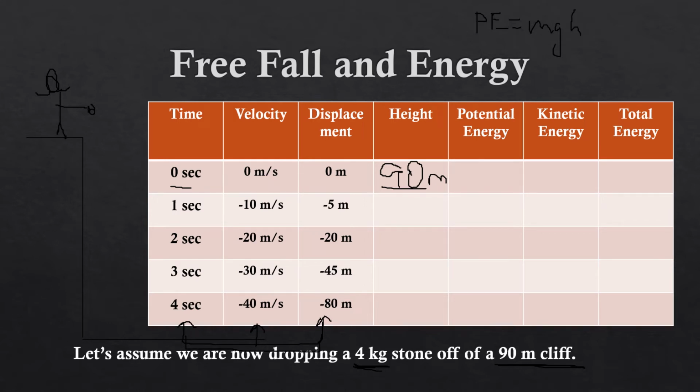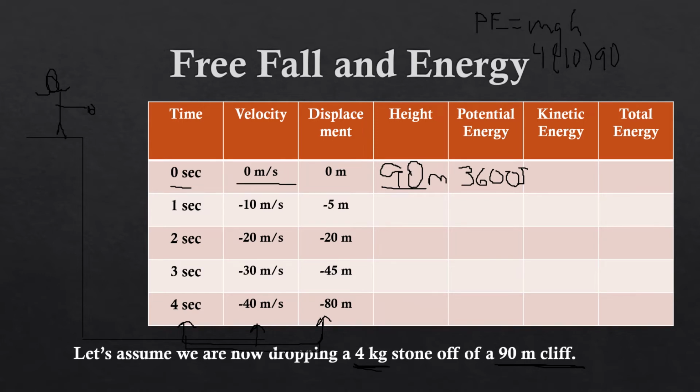So the mass is 4. Gravity is 10, because with the energy equations, it's always positive. And the height is 90. 4 times 10 times 90. So that's going to be 3,600 joules.